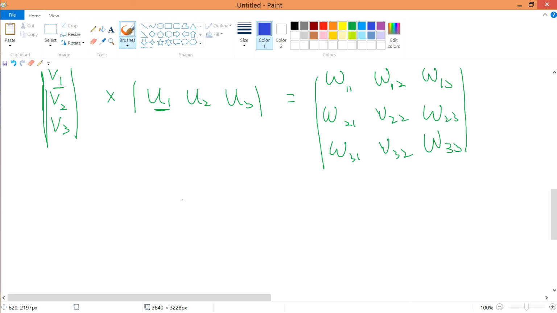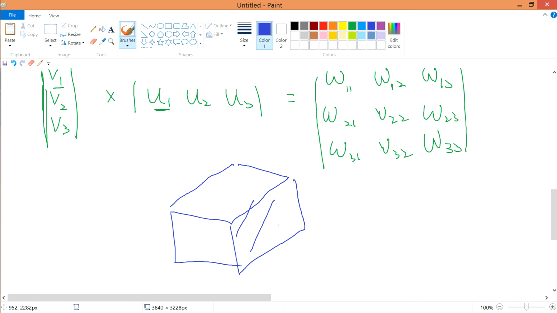To represent things more clearly, imagine I have a cube. As he says, you have the surface area of x, of y, and of z. In this case, the first index is 1, and there are forces 1, 2, and 3 acting on this surface.